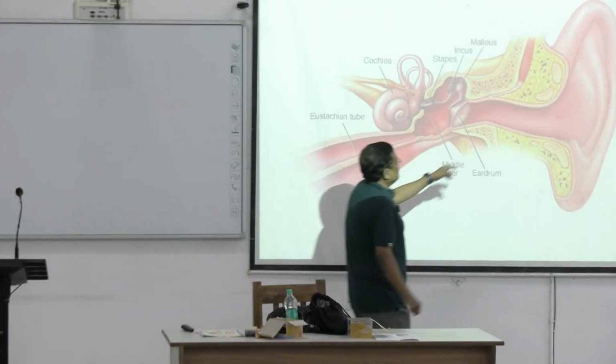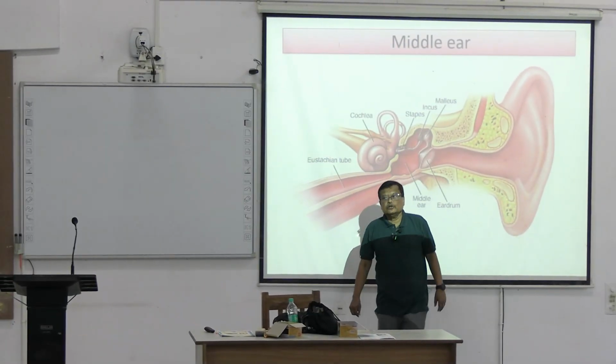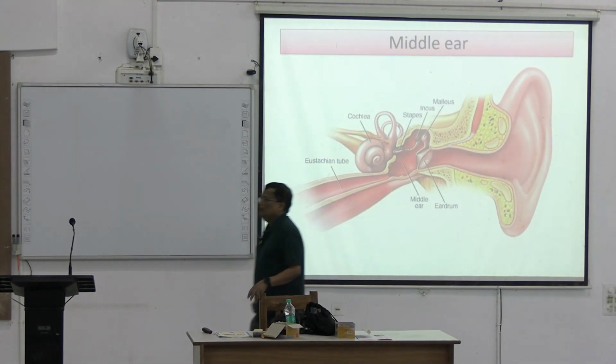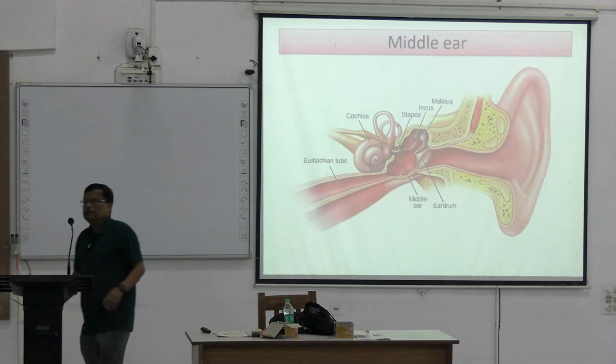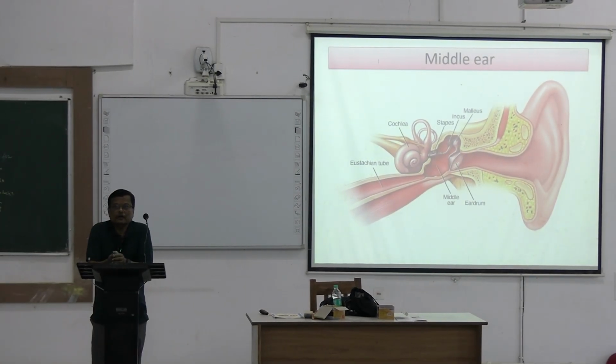Next is the external acoustic meatus. It is a tube which connects the external ear with the middle ear.